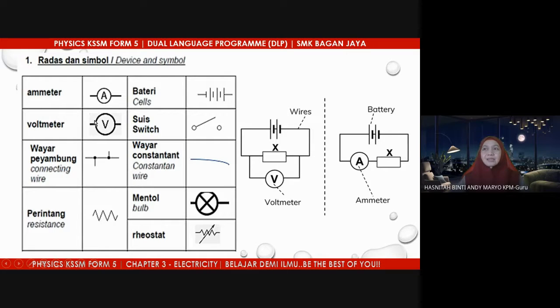And this is the symbol for voltmeter. A voltmeter is used to measure voltage, or potential difference. And this is the connecting wire. This is the symbol for resistance, battery or dry cells. And this is the symbol for switch, constantan wire, and any kind of wire. And this is the symbol for bulb and rheostat.